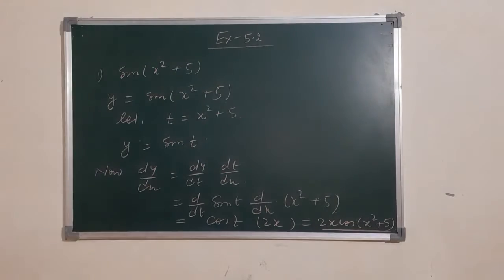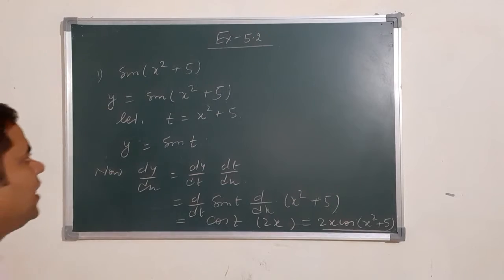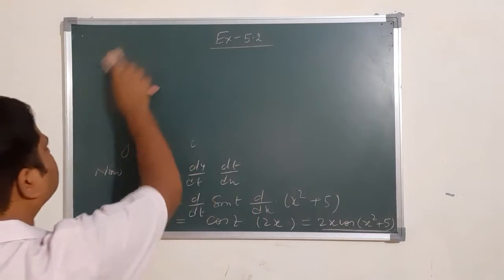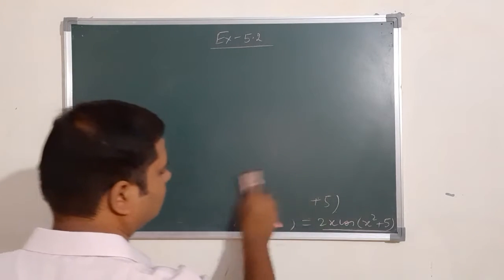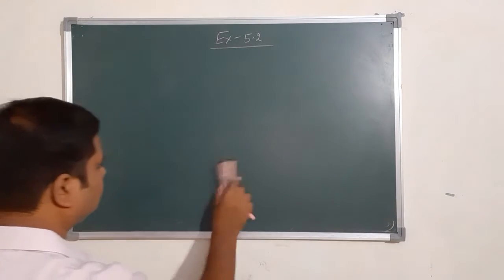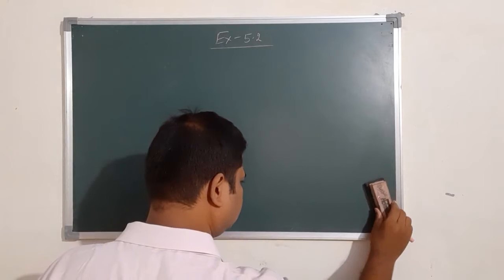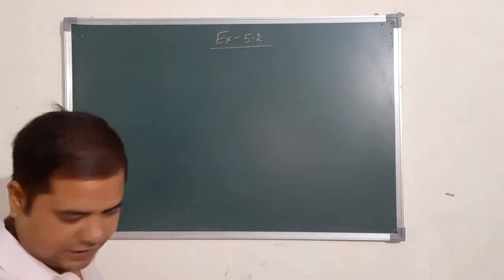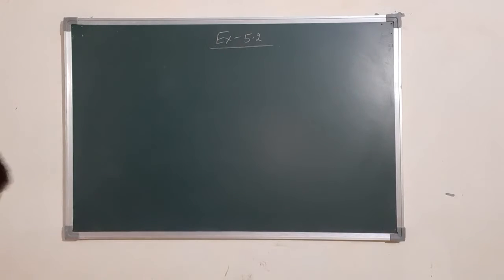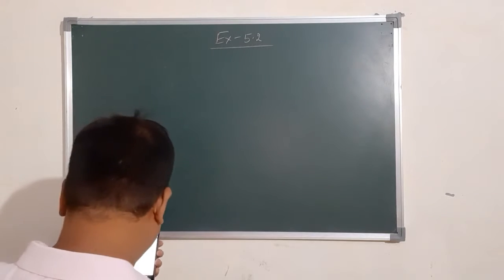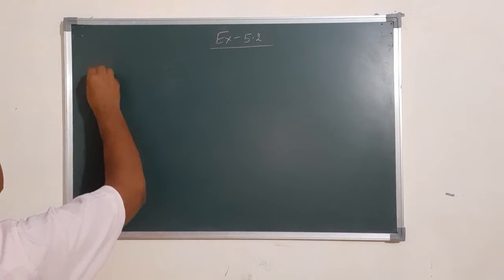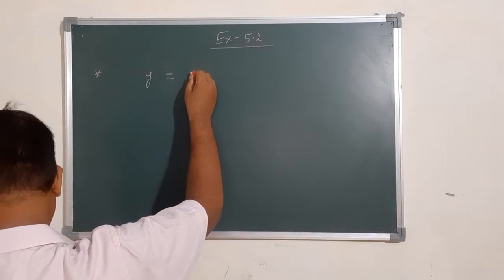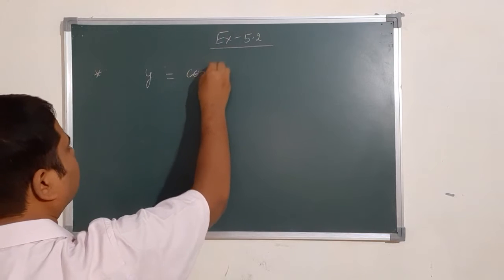Similarly, now see the second one. Question number two, cos of sin x. This is also easy, but I will just solve it. Y is equal to cos of sin x.